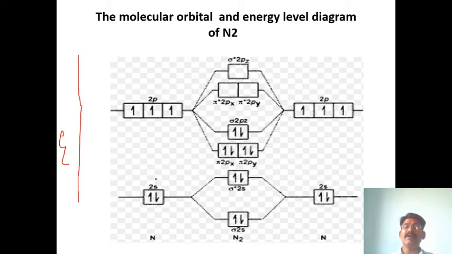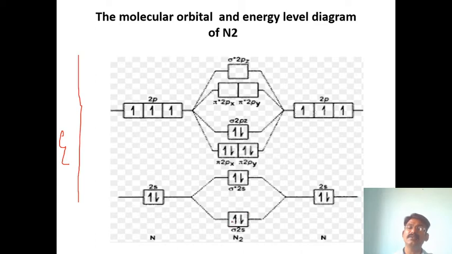In the 2s level, 2 electrons from one nitrogen atom and another 2 electrons from the other nitrogen atom. Two are occupied in the sigma 2s level, which means bonding takes place.